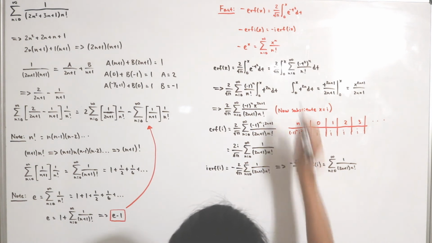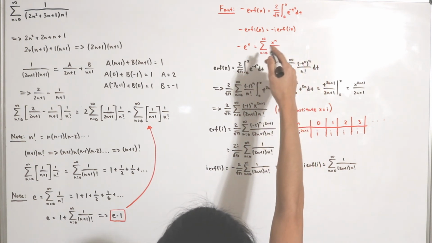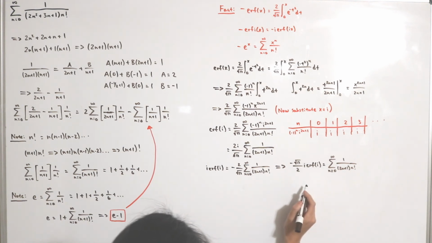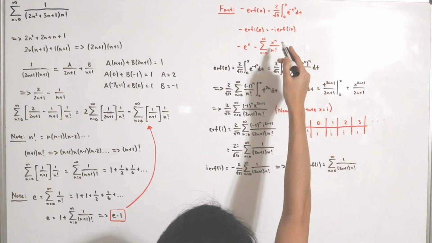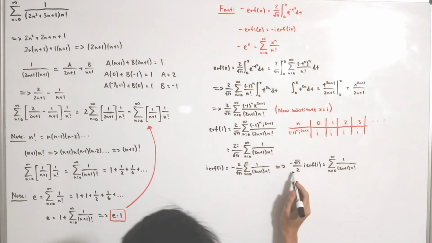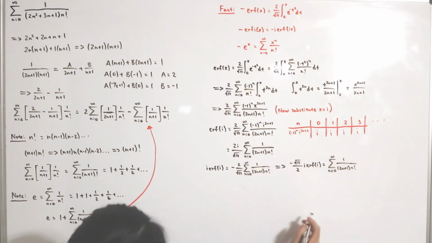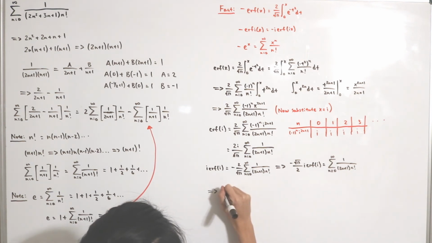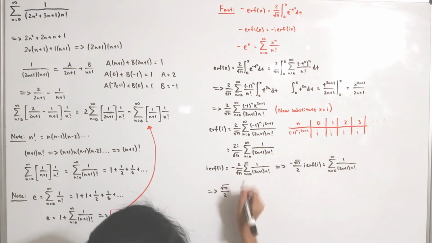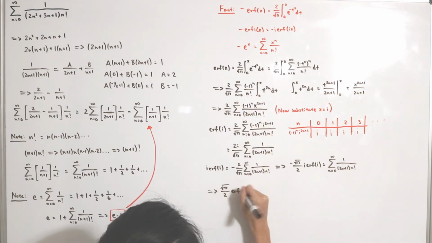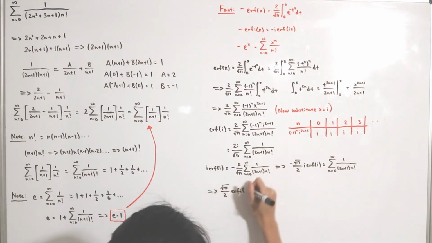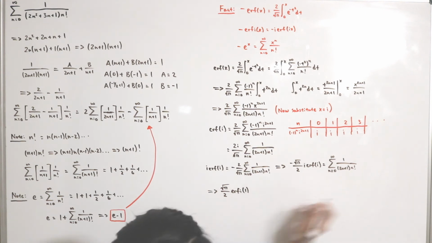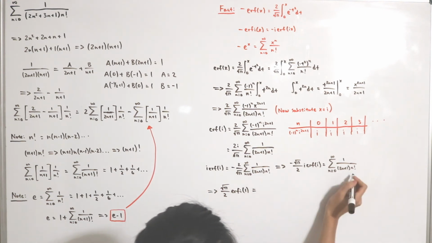In this case we let x equal 1, and this is also the negative, so this will change into a positive. So that way, over here, we get positive square root of pi divided by 2 multiplied by the imaginary error function of 1. So yeah, that's our evaluated infinite series.